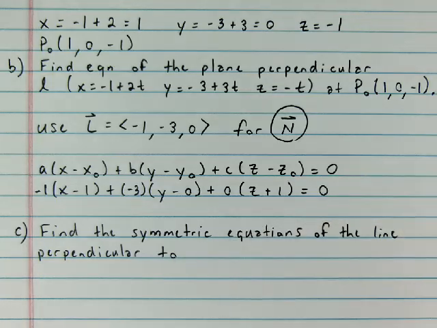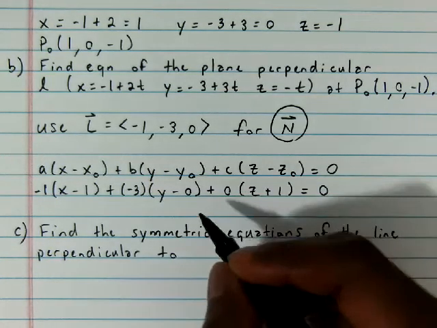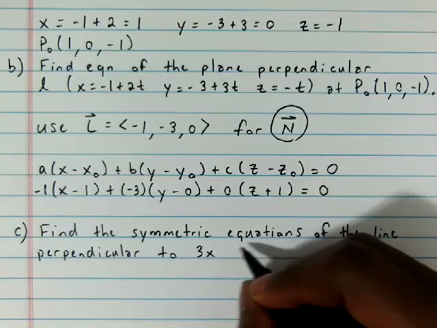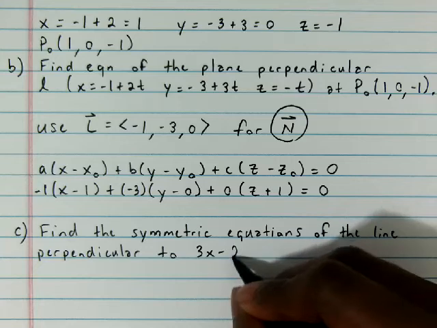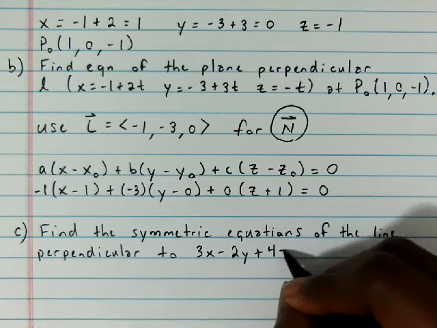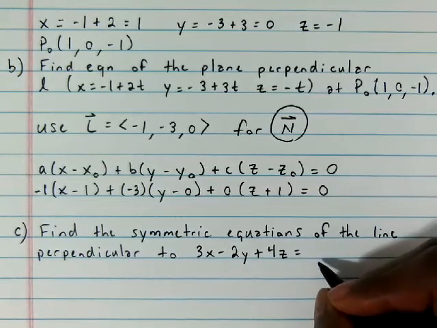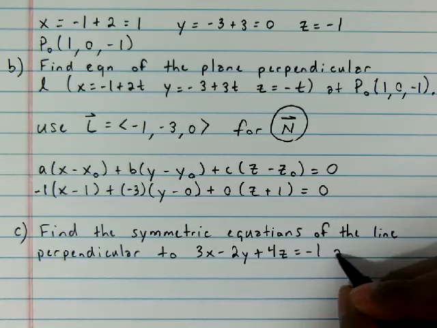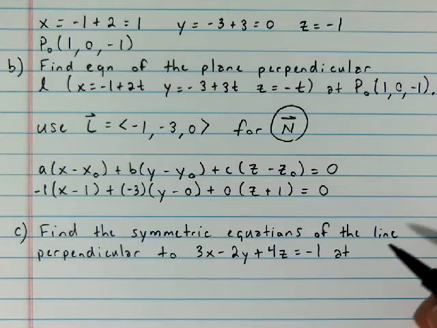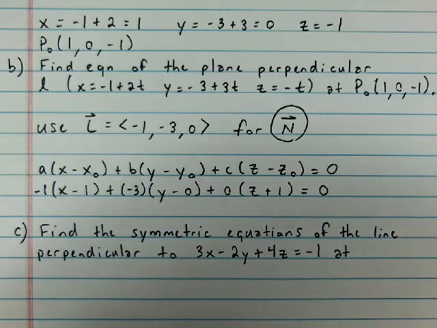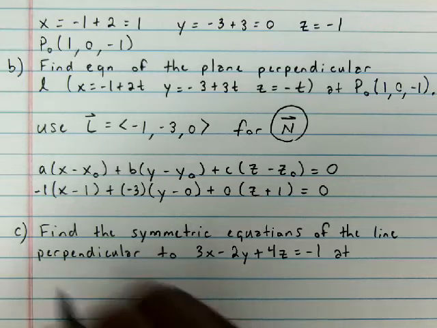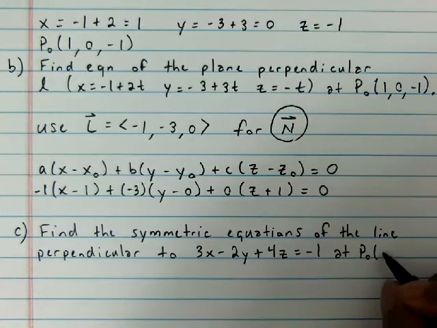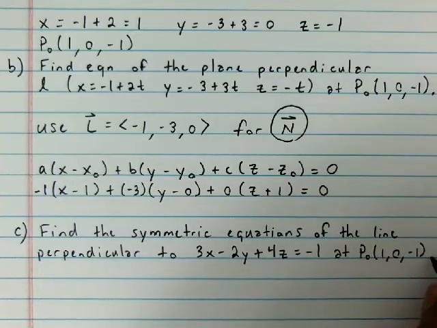The line perpendicular to script P, and script P was 3x minus 2y plus 4z equals -1. And they say at P0, and P0 was what we found in part A. That one they had to use the name P0 because otherwise they had to give us the answer for part A, which was 1, 0, -1.